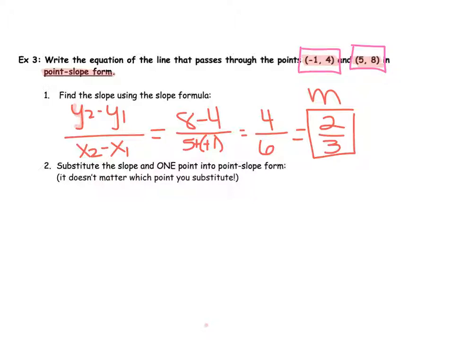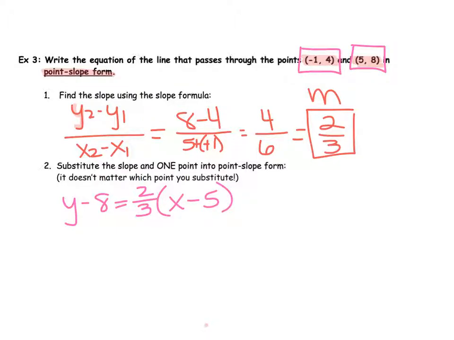my equation. So one example of an equation I could write is y minus 8 is equal to 2/3, because that's my slope, times x minus 5.